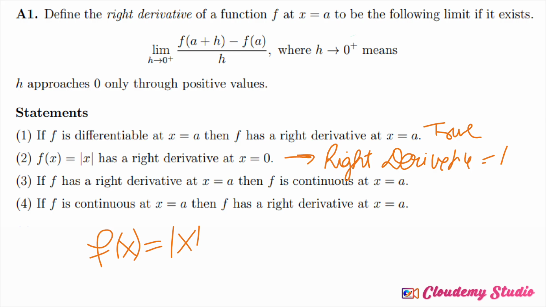Next is: if f has a right derivative at x equals a, then f is continuous at x equals a. If it says f has a right derivative at x equals a, let me take the example of the floor function.